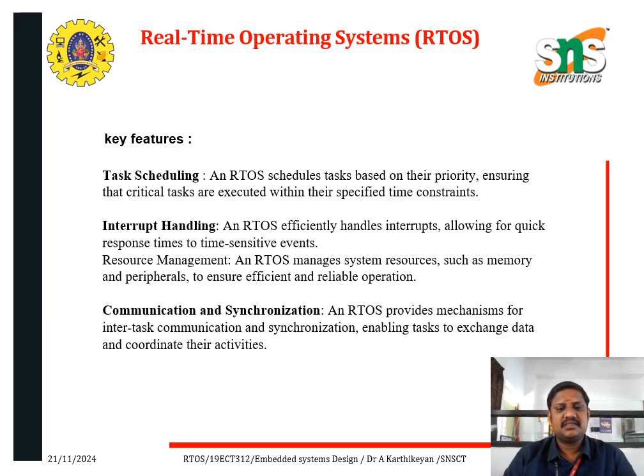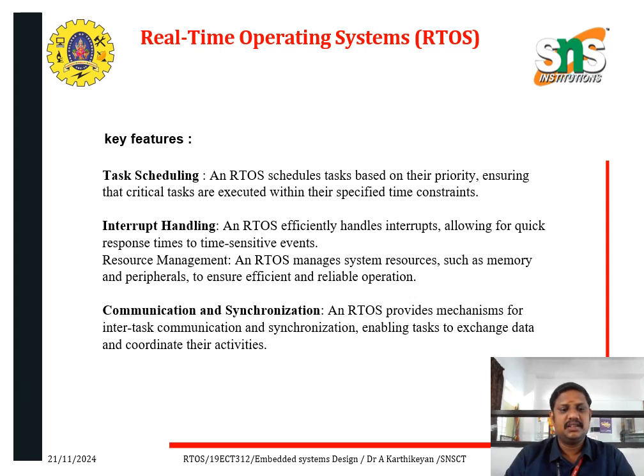The key features are task scheduling, interrupt handling, and communication synchronization. In task scheduling, the RTOS gives high priority to crucial tasks, and based on that they will be executed.